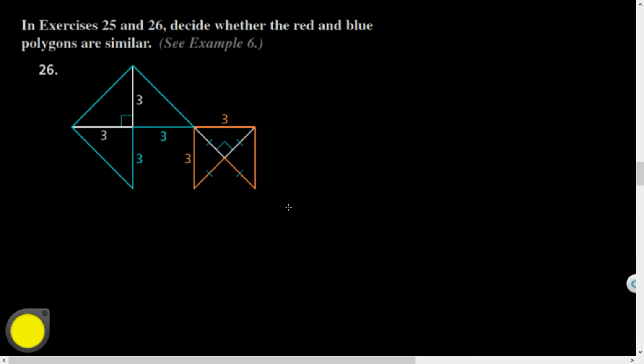Okay. Wow. Let's see what I know here. So these are congruent, these are congruent to each other, but not the 3s. Actually, I guess I'll label these with double marks.